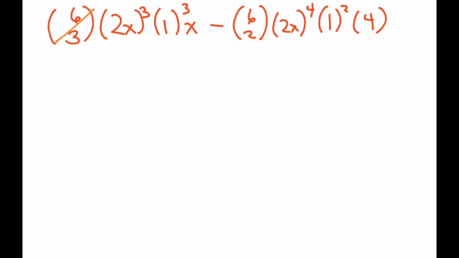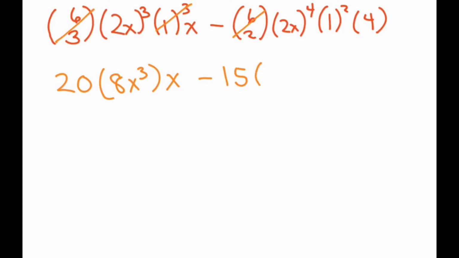Now 6 choose 3 is 20 times 8x cubed. 1 cubed is just 1, so I'm just going to cancel that out, times x, minus 6 choose 2 is 15 times 16x to the 4th. This cancels, and then we also have times 4.